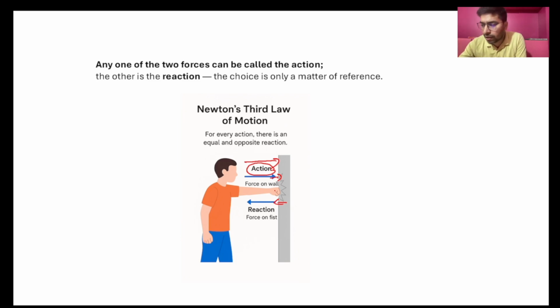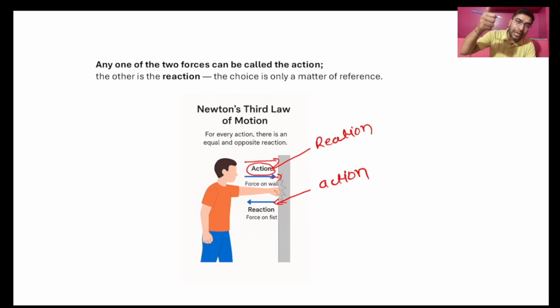If you want, you can consider this force as the reaction force and this force as the action force. It's completely your choice. Anyone can be the action, another will be the reaction. Understood? There is nothing fixed that if I punch, that is the action, and what I get in return is the reaction. No, anyone can be action, another reaction.